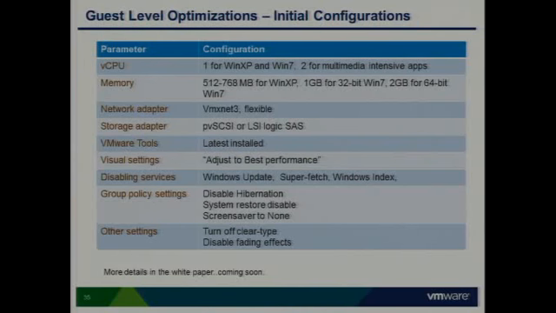Memory, again, 512 to 768 meg for Windows XP, 1 gig for 32-bit Win7, and 2 gig for 64-bit. For the network adapter, we have seen better performance with VMXNET3, so you may want to set that. For the storage adapter, PVSCSI or LSI Logic SAS you can use.